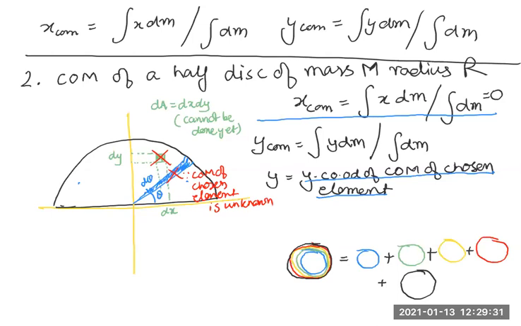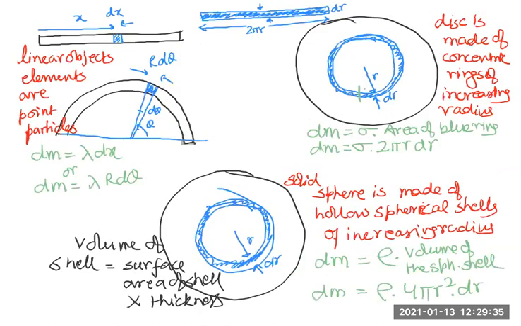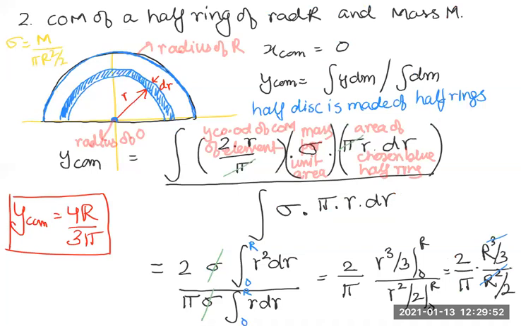Please take a screenshot. Second, very, very important. Please take a screenshot. Third, we have found the center of mass of a half ring, radius r. Okay. Please try to do this again by yourselves.